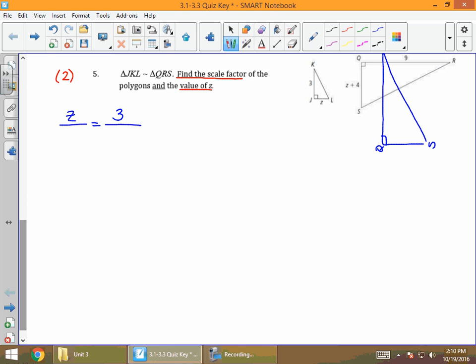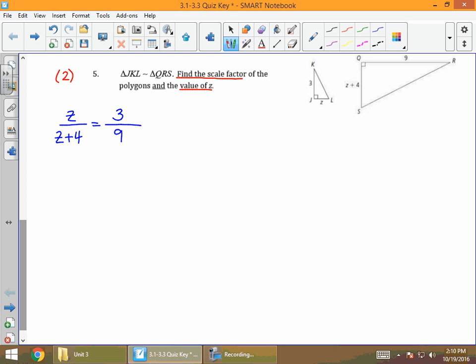So Z is this segment JL right here. That is going to be the same as QS, so that is Z plus 4. And then the 3, which is the upright left side, would be the same as QR, which is 9. So hopefully that helps you see that a little bit better.